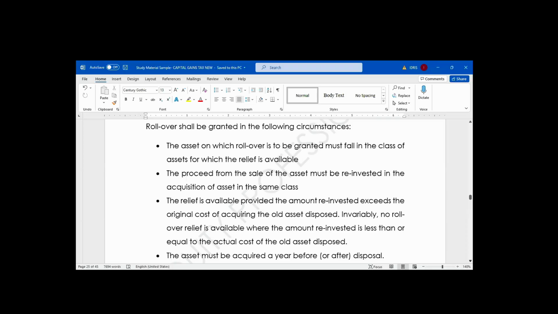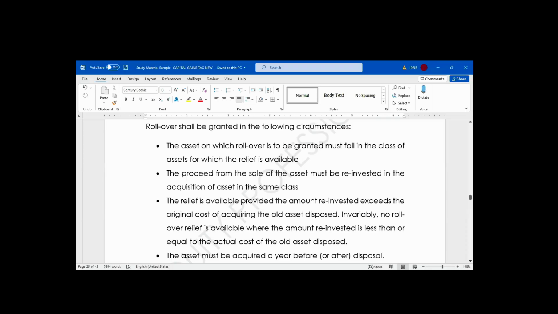Let me explain. I dispose a land. That land that I disposed it 200 million. I bought the land on 80 million. Do you understand me? I bought the land 80 million.